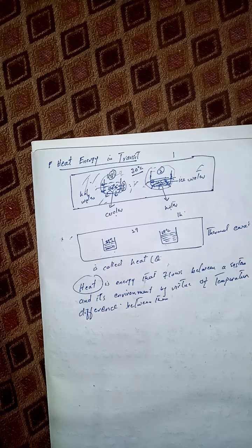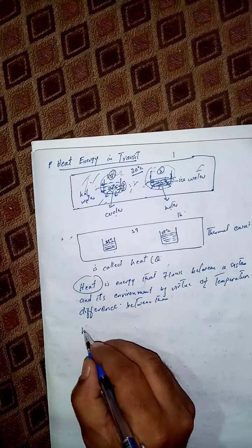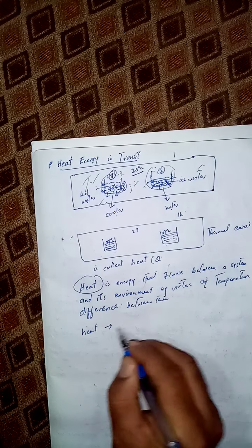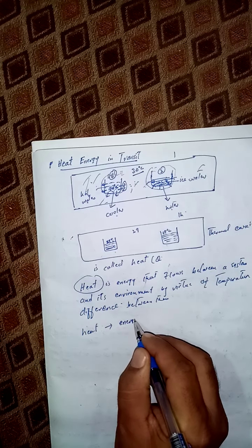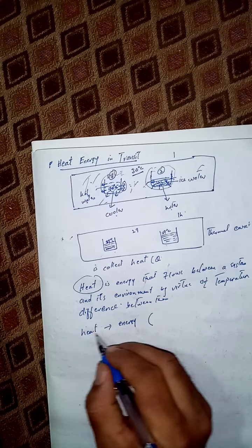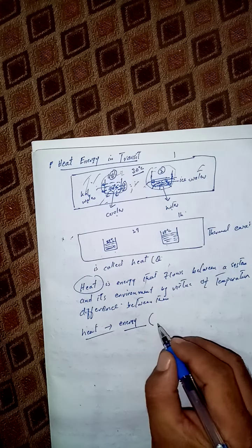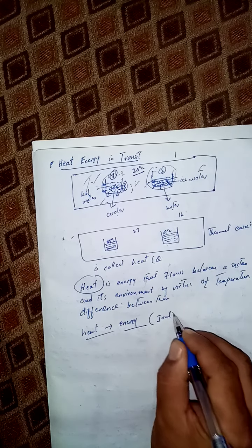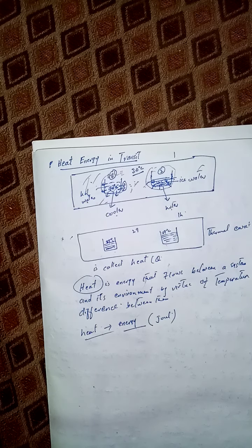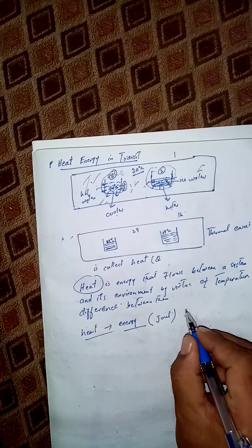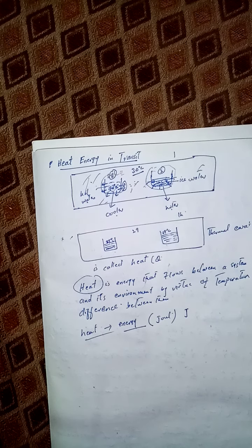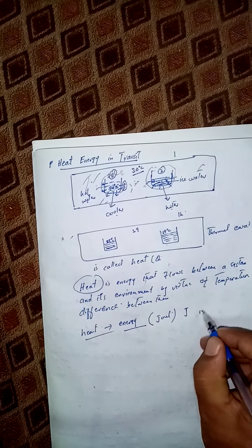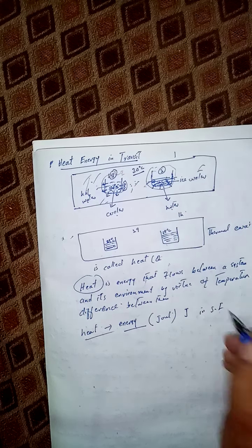Now heat is energy, so we can measure heat in the unit of energy, which is joule, and its symbol is capital J in the SI system, system of international units.